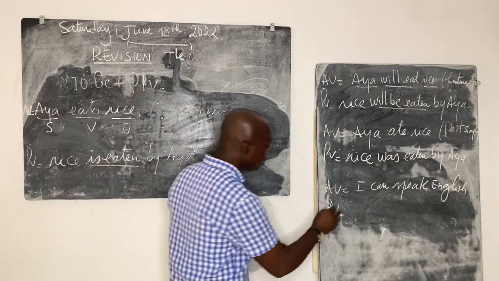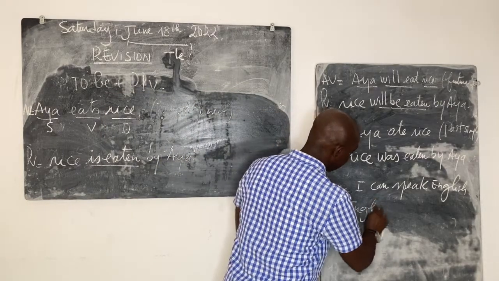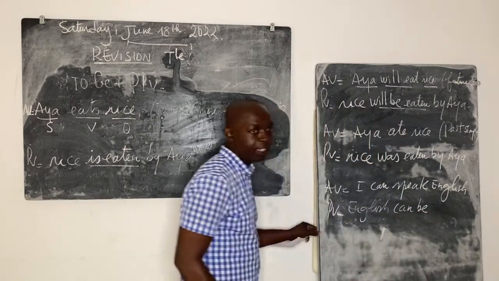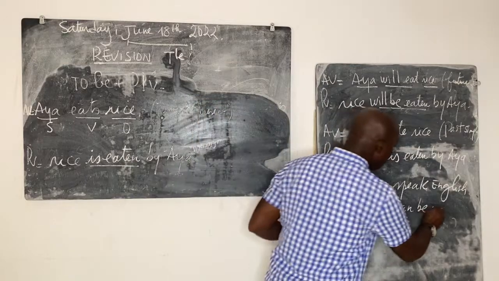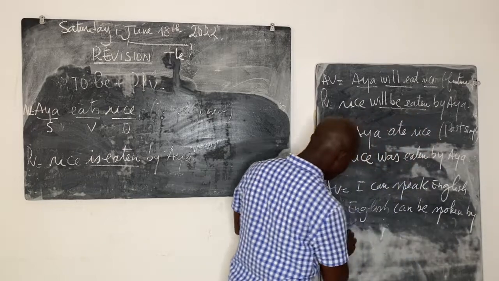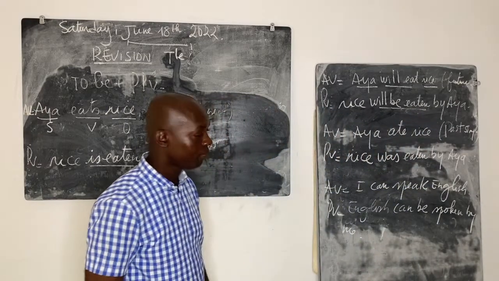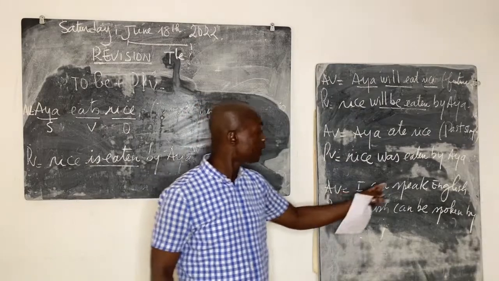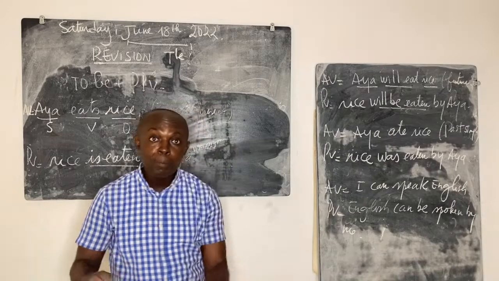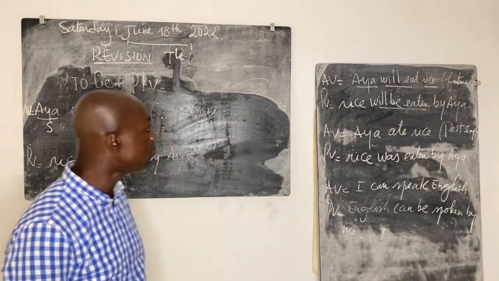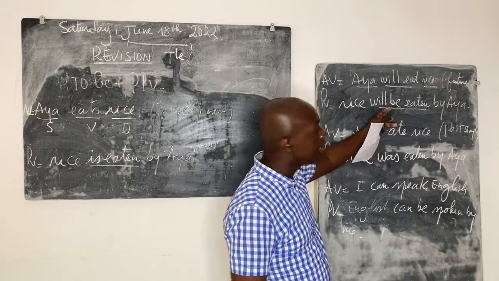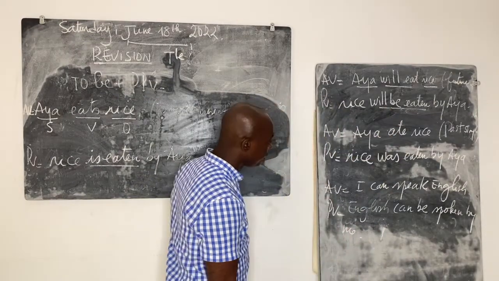It's going to be English can be spoken by me. When I say I must speak English, the passive voice will be English must be spoken. As with will, that's what we use here. Will is a modal.